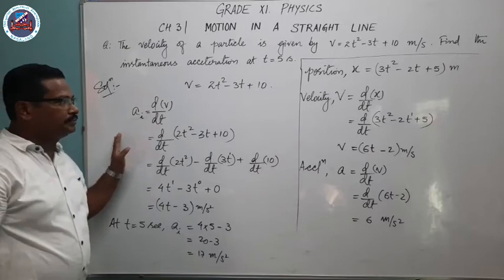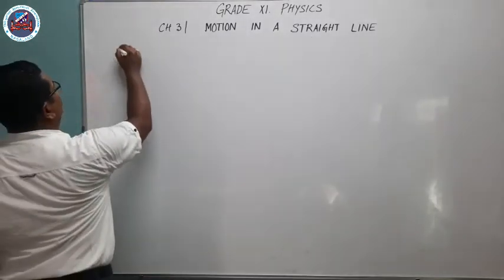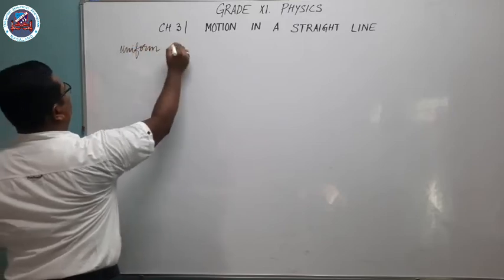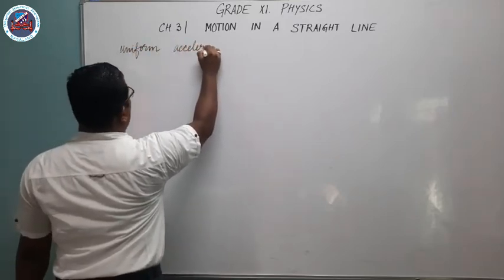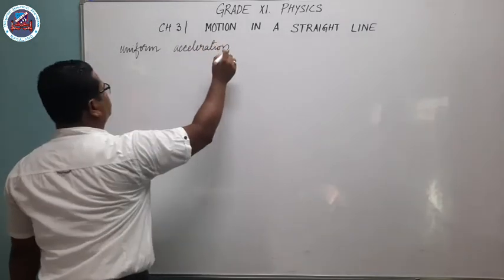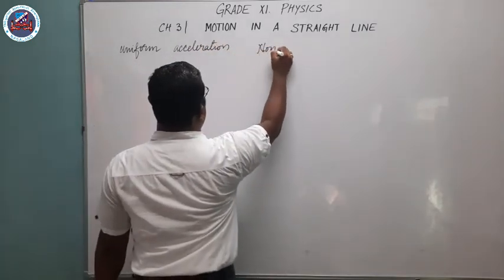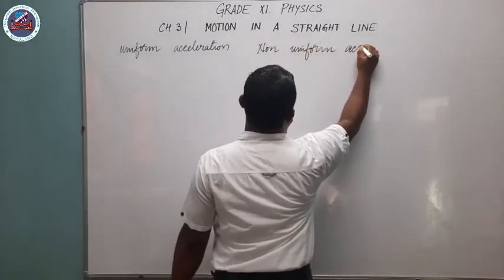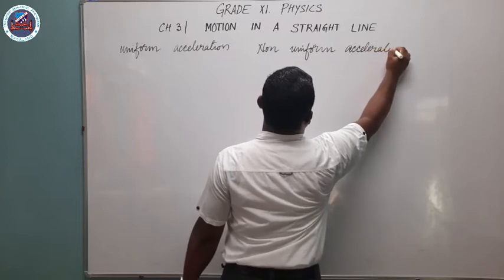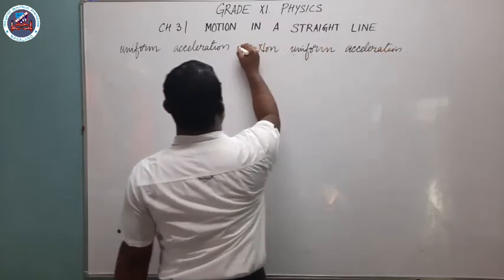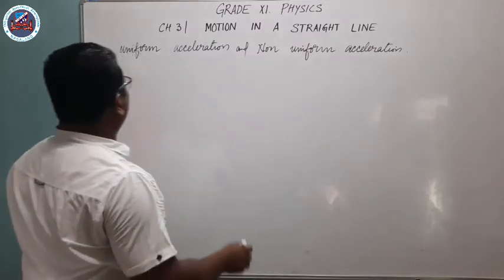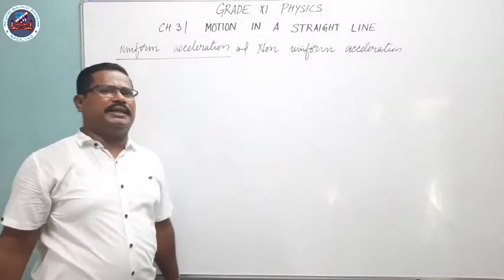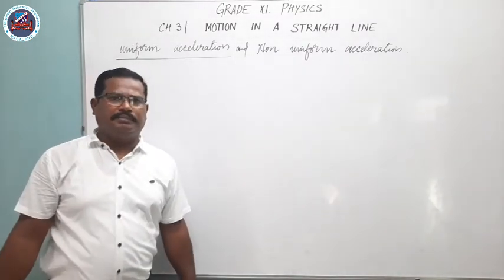The next thing, now let us learn about uniform acceleration and non-uniform acceleration. Acceleration is said to be uniform if equal changes in velocity take place in equal intervals of time.